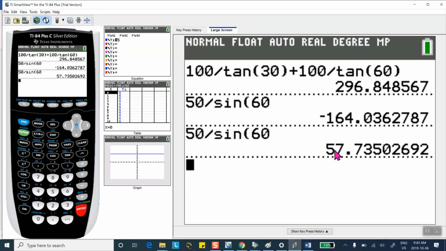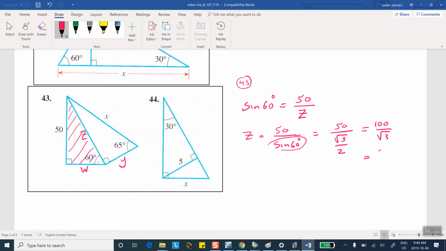Enter. Now we get 57.7. So if you round it to first decimal, 57.7. So you go here, 57.7. This is 57.7. So we have this Z.